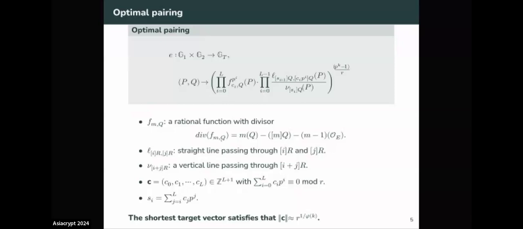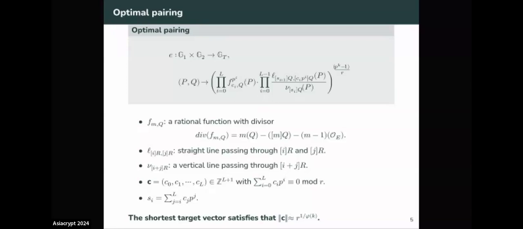The notation ci are integers, such that the sum of ci times p^i is equal to the Miller parameter modulo r, and the integers si are determined by the vector c. For efficiency, we want the vector c to have a small size, and the size of the greatest entry of c is only around one-quarter of the size of r.